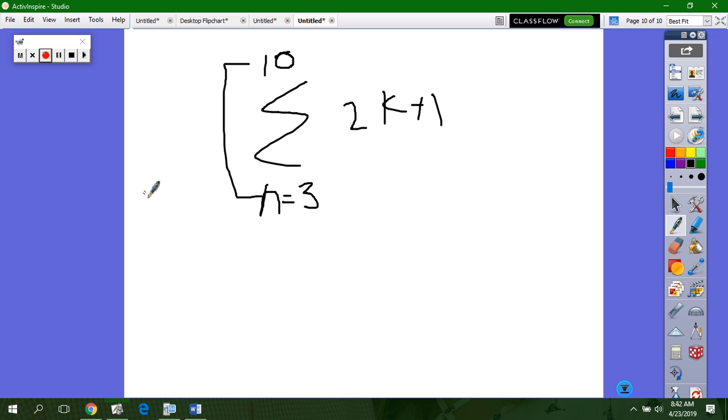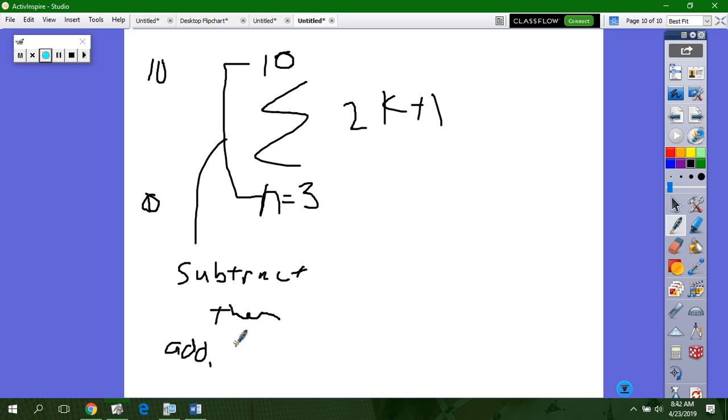If I put 1 to 10, how many numbers are there? 10. Because 1 to 10 is 10 numbers. If I went 0 to 10, how many numbers are there? 11. My trick is subtract them, then add 1. And that tells you the number of terms. Okay? So we have 8 terms.